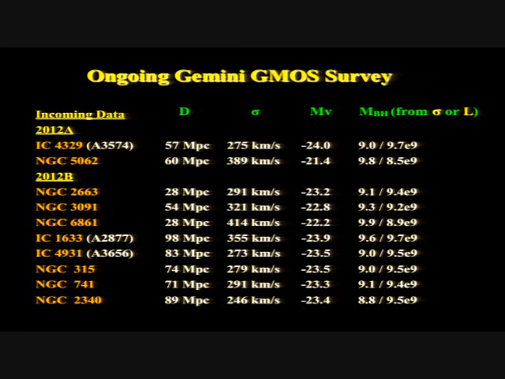As you can see, for some galaxies they're very similar, but some galaxies are off by a factor of 10. So I think it's good to actually get dynamical measurements of the black hole mass directly, rather than relying on sigma or L as proxies.